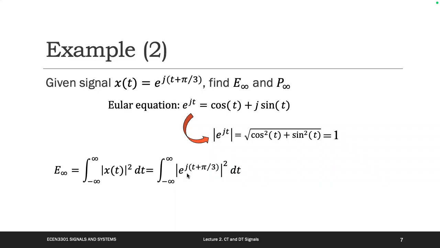Which means if this angle and this angle are the same, this equation should always be 1. Am I right? So what's the value for this part? It will be 1. And then you can get this one, right?